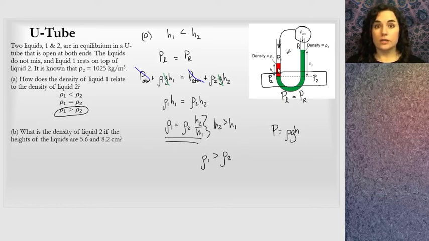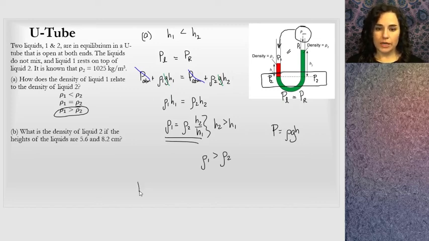When I look at this, I can see that it doesn't take as much volume of liquid in order to create the same amount of force on this side as it does on the right side. So there must be a larger density over on the left side in order to cause it to need less material to be the same weight as over on the right side. So that's the answer to part A.